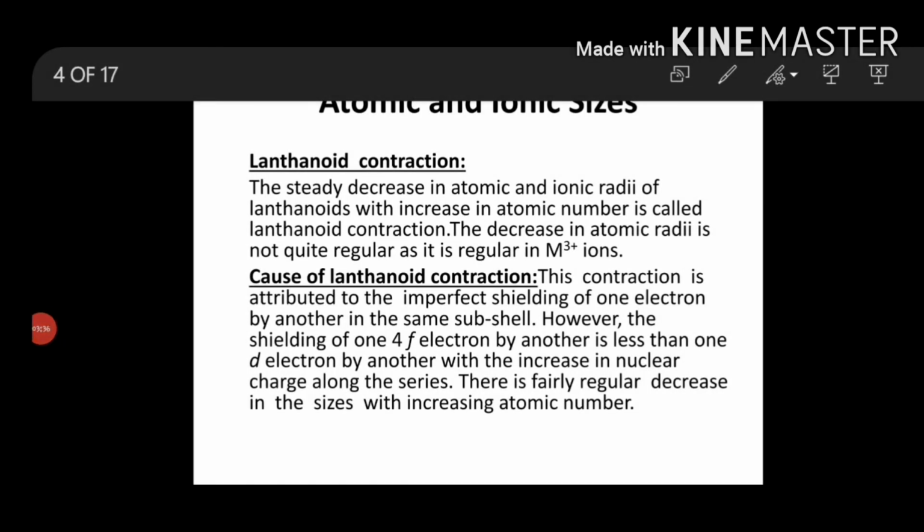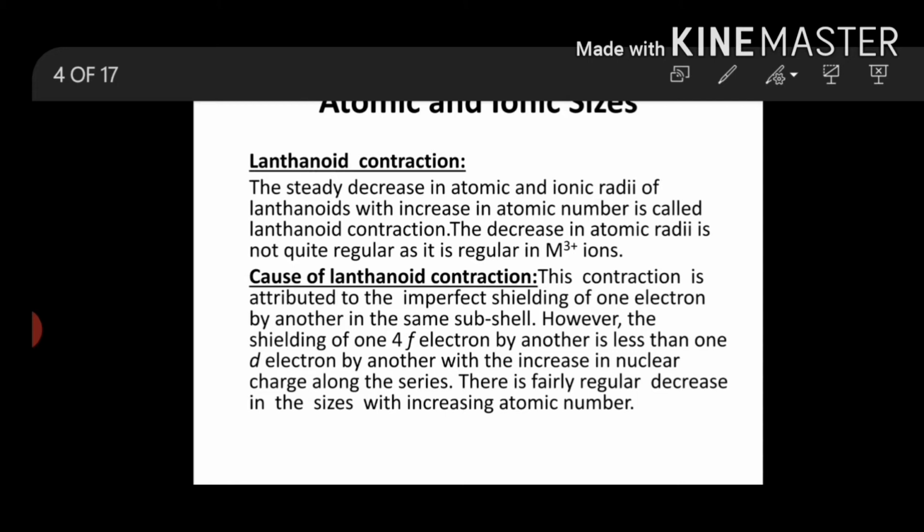Now we will discuss the cause of lanthanide contraction. As the atomic number increases in the lanthanoid series, for every proton in the nucleus, the extra electron goes to fill 4f orbitals. The 4f electrons constitute inner shells and they show poor screening effect.